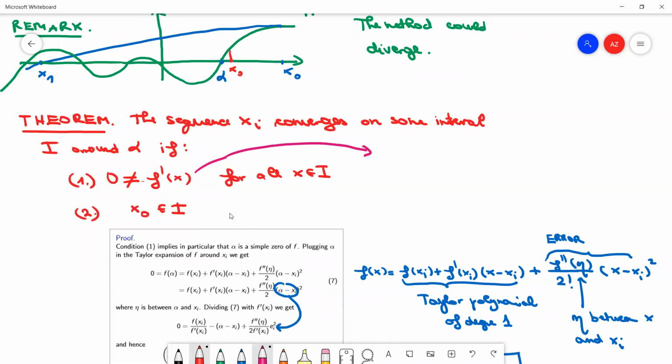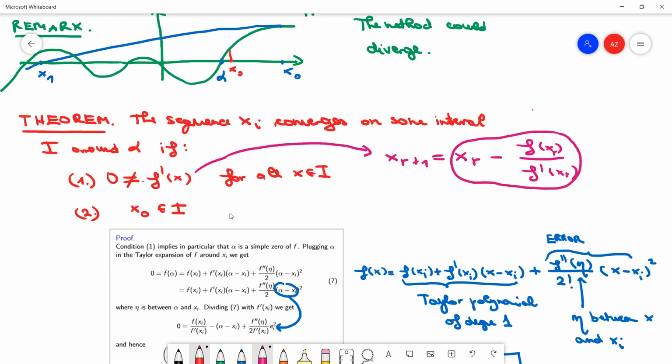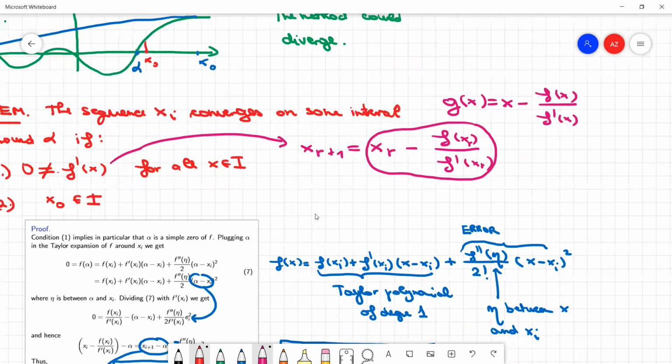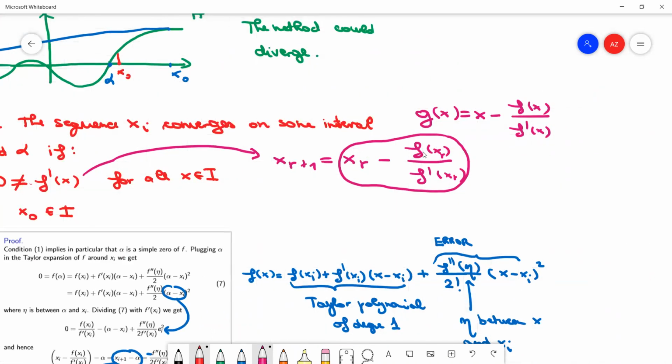What's our method? x_{r+1} is x_r minus f of x_r over f derivative of x_r. And if we define the right-hand side as the function g, so g of x is x minus f of x over f derivative of x, you see the zeros of f correspond to fixed points of g.